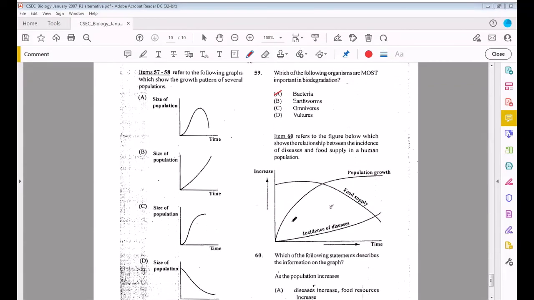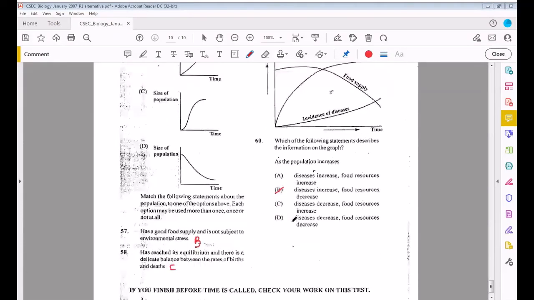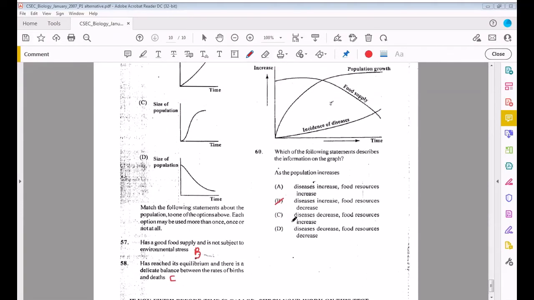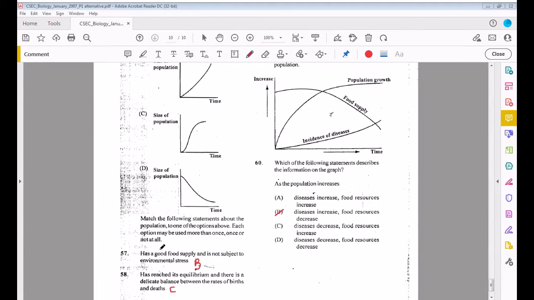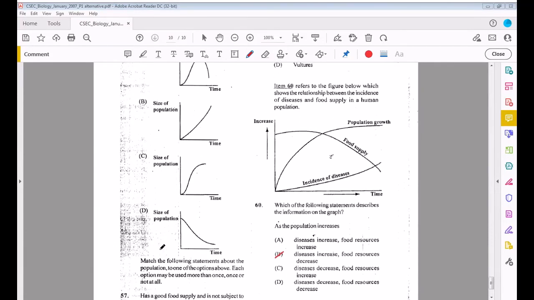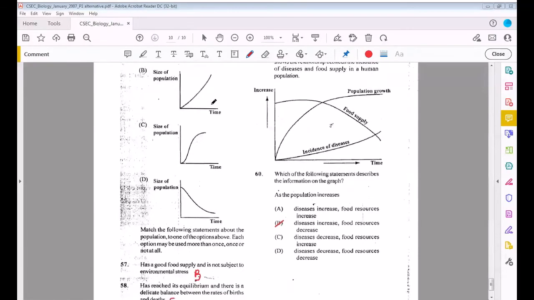57 and 58 refer to the graphs below, and we also met this in the last paper. So 57, which of them is showing that the organisms have a good supply of food and are not subjected to any environmental stress? That would be B, which is still in its exponential phase.